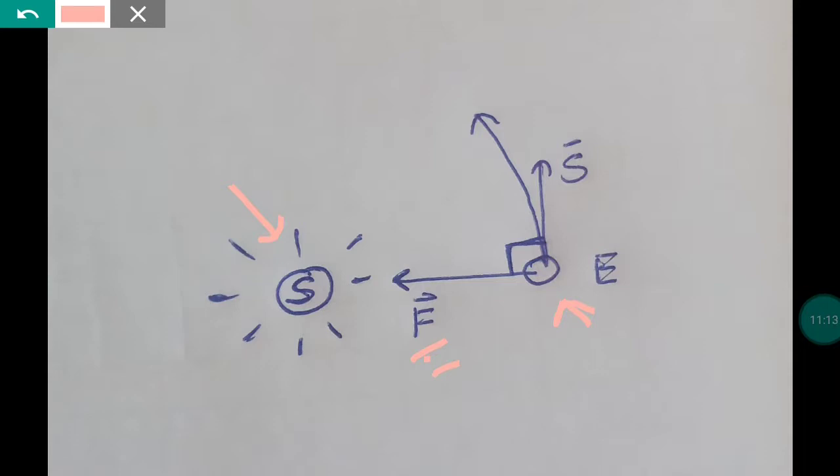And because of that, the Earth moves in circular motion. Talking about the instantaneous displacement of Earth, it is in this direction, and the direction of gravitational force, or in other words, centripetal force, is towards the Sun. Again, the angle between instantaneous force and instantaneous displacement is 90. So the work done by this force also becomes equal to 0.